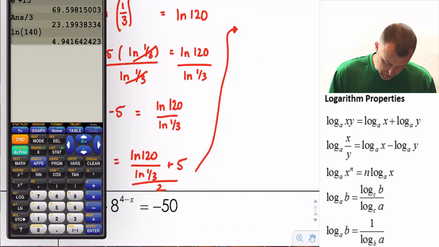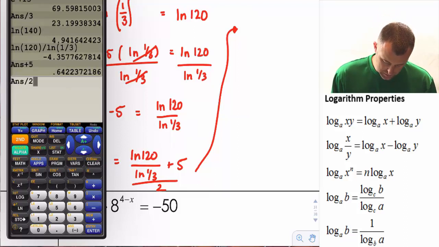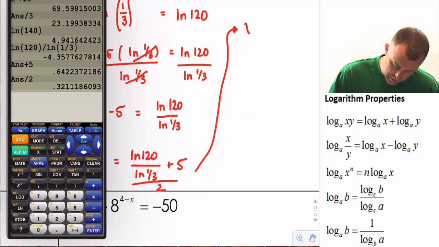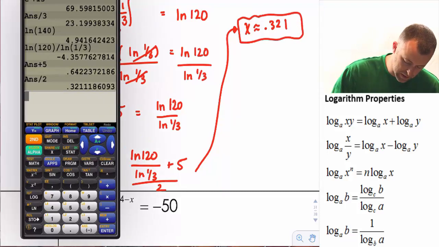I'm going to go natural log of 120 divided by natural log of 1/3 plus 5. I'm doing it in little parts as you can see in my calculator. I'm going to divide that by 2. And there we go. So x is approximately 0.321, and that would be just fine and dandy.